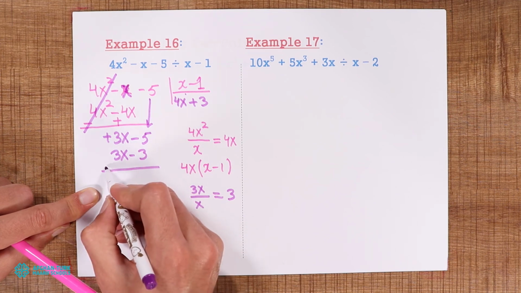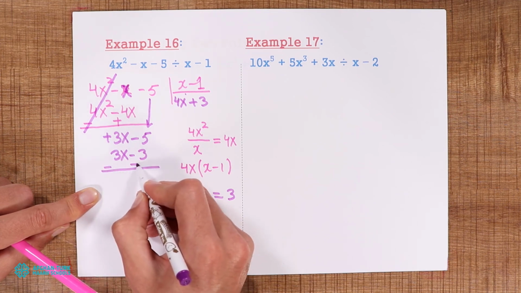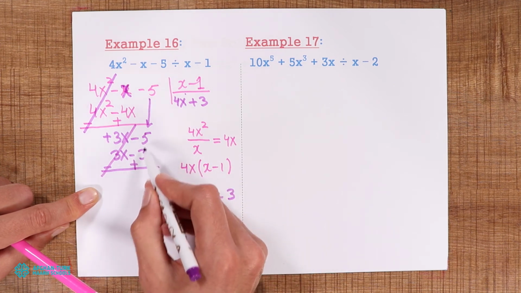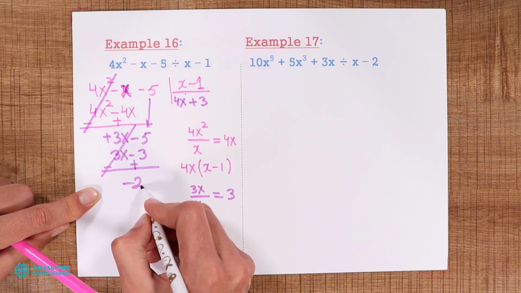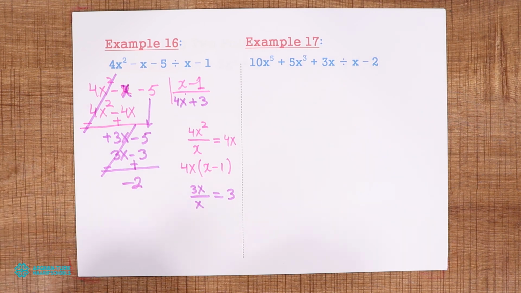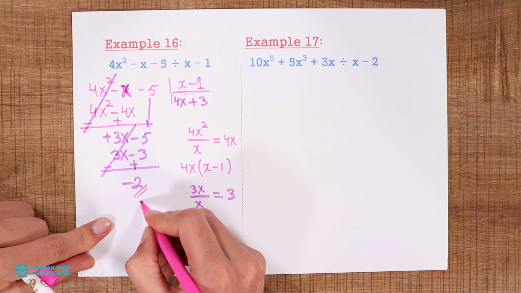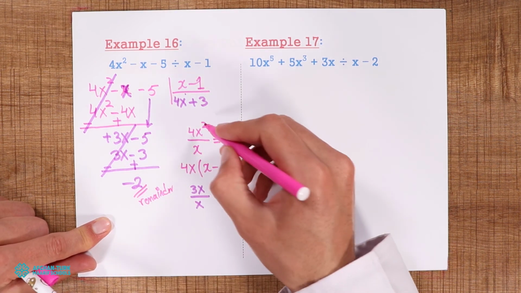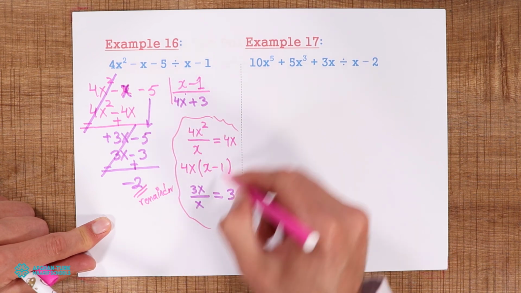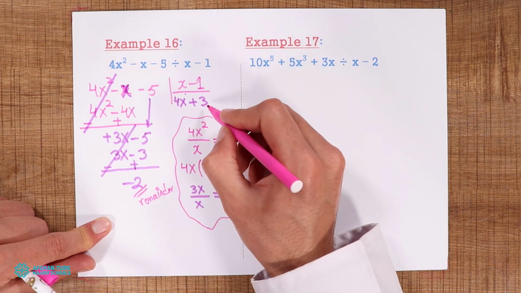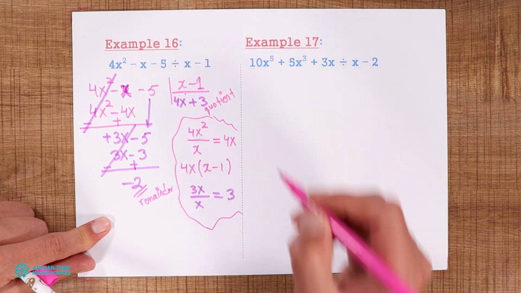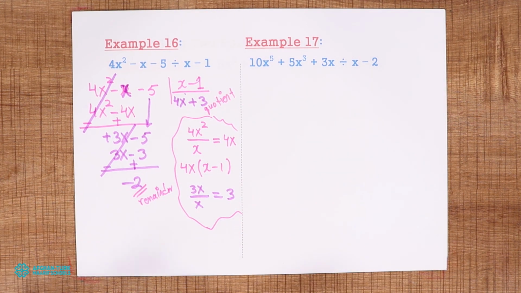If you subtract, the 3x terms cancel out, and minus 5 plus 3 is minus 2. So in here, remember, minus 2 is the remainder. And this is the quotient of the division operation.